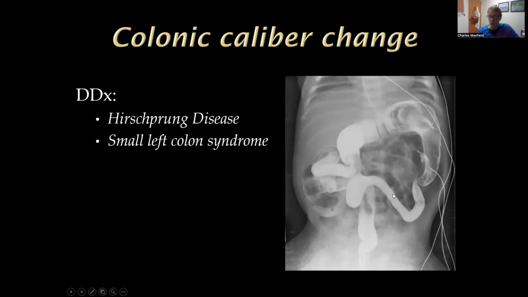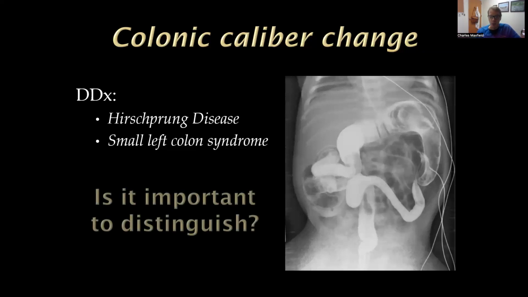So that's why it doesn't work. That's going to need to be treated surgically. But small left colon syndrome is self-limited. The baby has ganglion cells in the colon, but they're not working yet. So you get a transient obstruction, but with time, usually fairly brief time, it'll open up and you're fine. So it's a really important distinction to make.